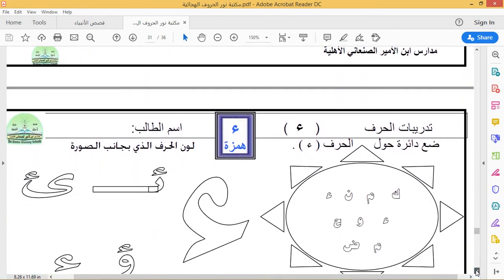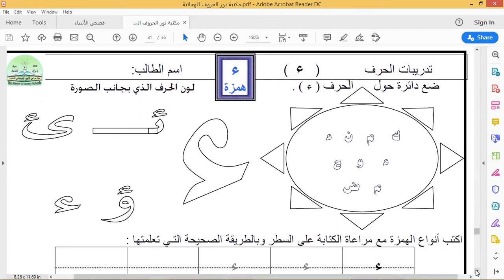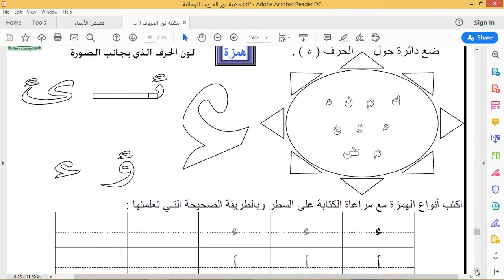So the next letter, the second to the last letter we are to discuss, is Hamza. This is how Hamza is written, and at times it is written like this, at times like this, at times like this, and at times like this. So it has four different ways of being written.